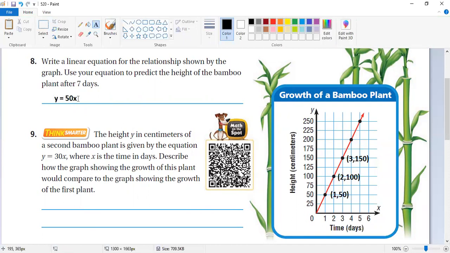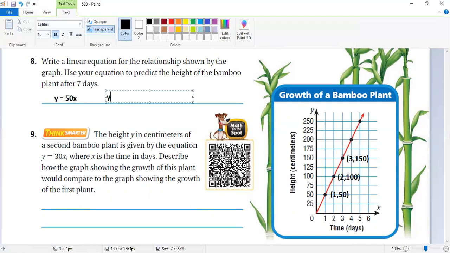Okay, now use your equation to predict the height of the bamboo plant after 7 days. So in place of x, we say y is equal to 50 multiplied by 7, because number of days is x. So how much is that going to give you? Y is equal to 7 multiplied by 50, which gives you 350. Basic facts, 5 sevens are 35, add the 0. That's all. So how will you write the answer?